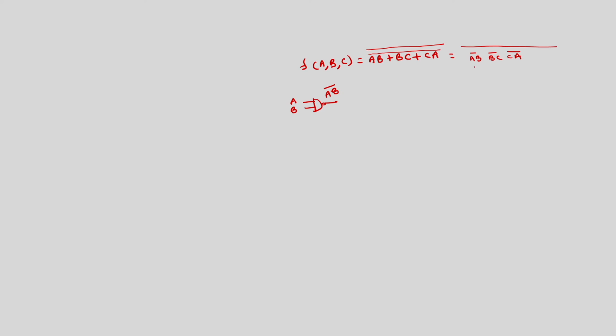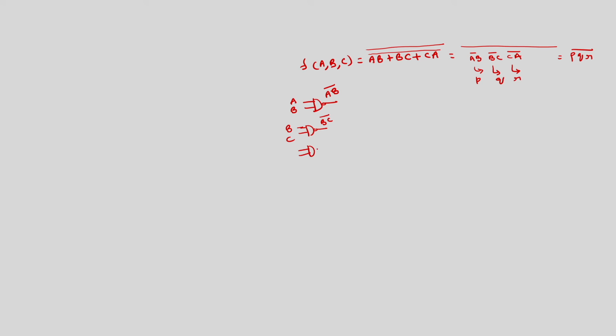Let us call this AB bar as P, this one Q, and this one R. So, this is nothing but (P Q R) whole bar, the NAND operation of P, Q, R. P is this AB bar, Q is BC bar, and R is CA bar.